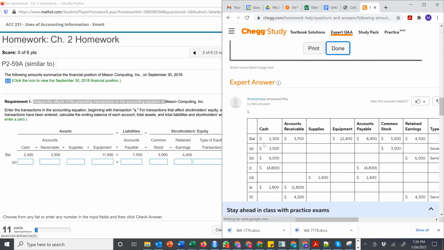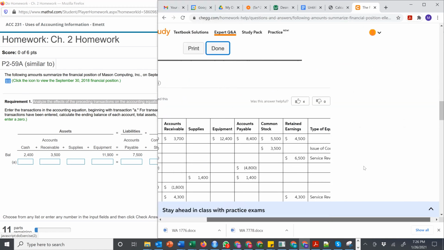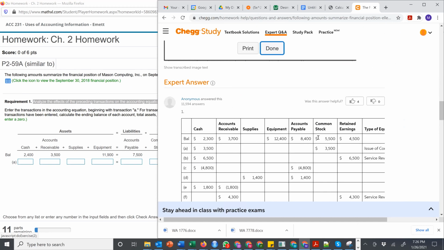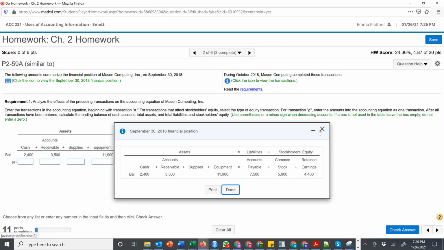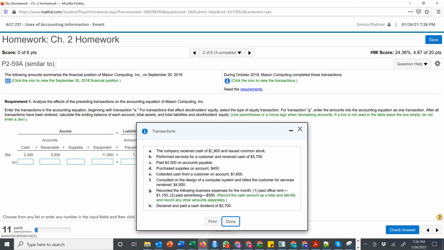All right. This is always where it's just such a mess. This first line is like your first line here. So letter A is the amount from letter A, cash and common stock. Oh, there it is, 3,900.